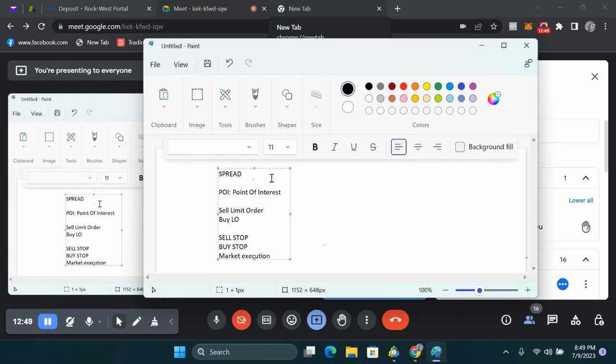Now it is very, very simple. Let me explain what I mean by sell limit order, buy limit order, sell stop, buy stop, and market execution.